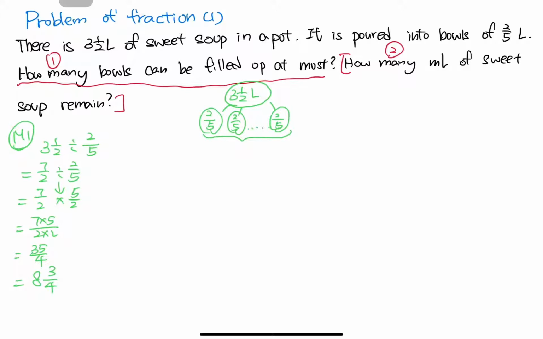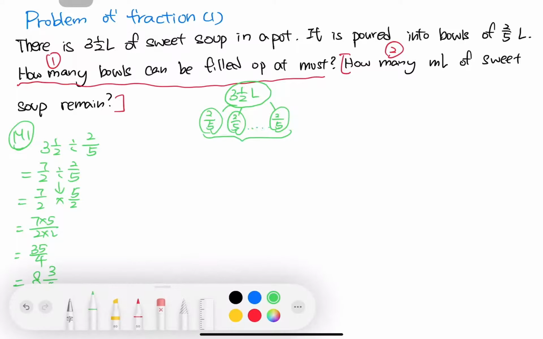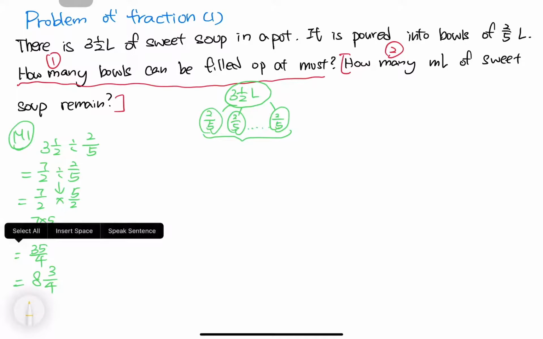If you get the answer like this, it means that 8 3/4 bowls can be filled up, so 8 bowls can be filled up at most. And then the second question is how many ml of the sweet soup remains here?